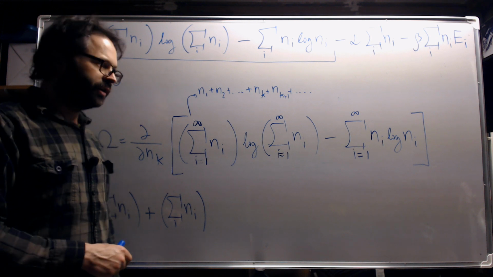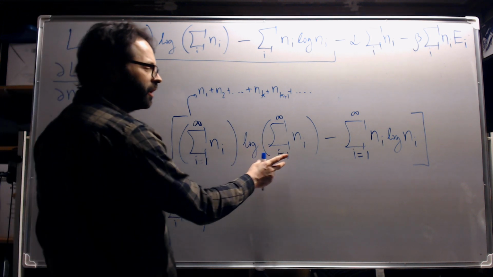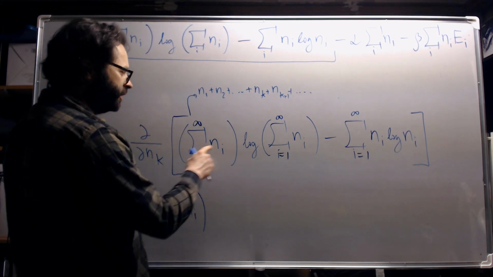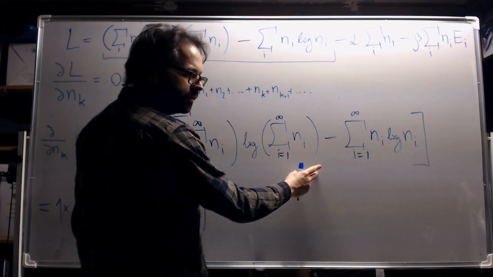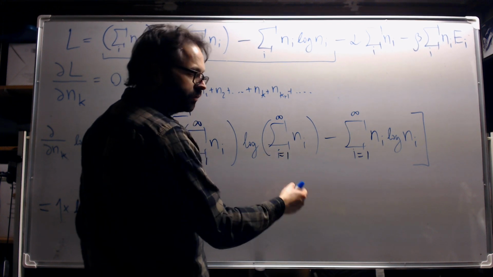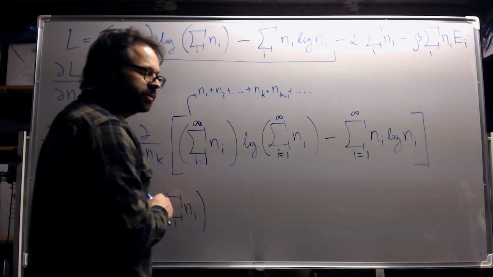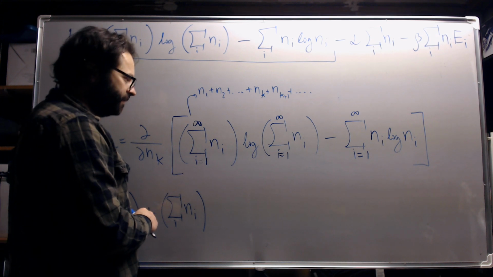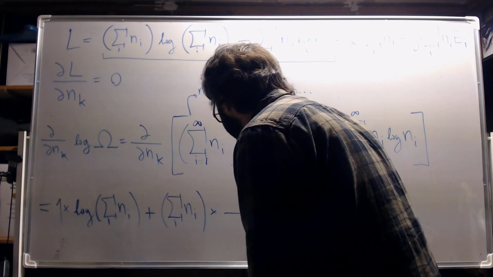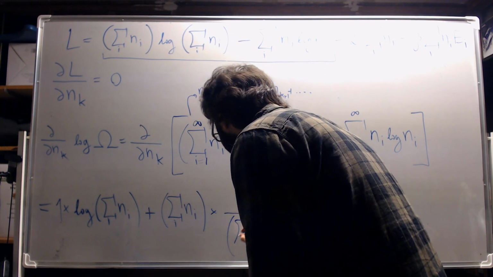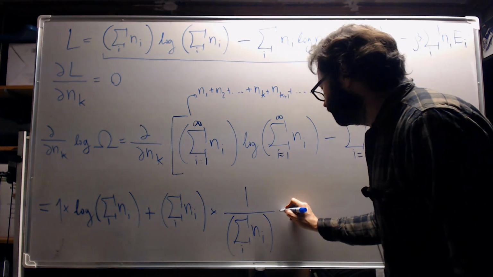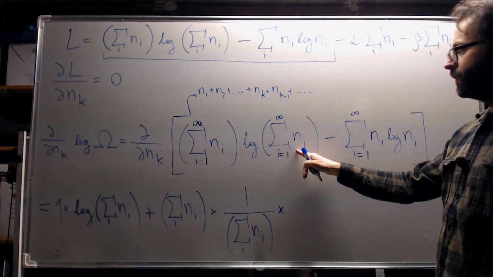So the derivative of the log of this whole composite function with respect to this variable is 1 over the entire expression inside the log, times, by the chain rule, the derivative of the inside function with respect to the variable. And so the first thing we get here is 1 over what's inside the log times the derivative of the inside function.